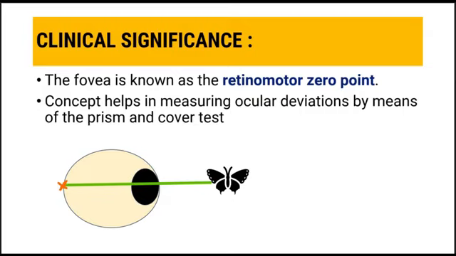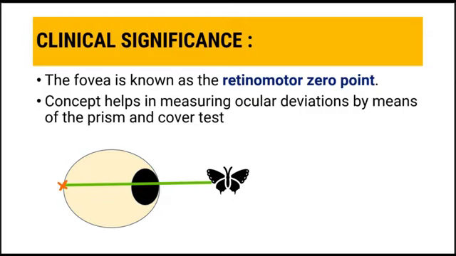So what we do in the prism and cover test is that as we cover the normal eye which does not have squint or strabismus, the eye which actually has squint will now try to take up fixation. And by taking up fixation, what do I mean? I mean that the eye which has squint would try to bring the object back on the fovea by making a movement towards the object, and this way the squint gets corrected during a prism cover test, right?